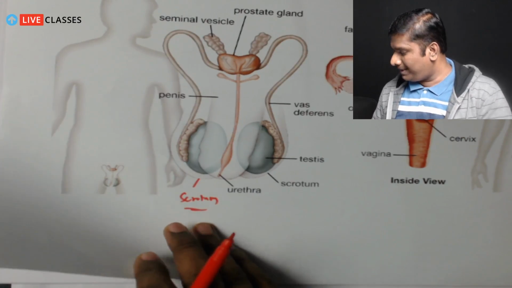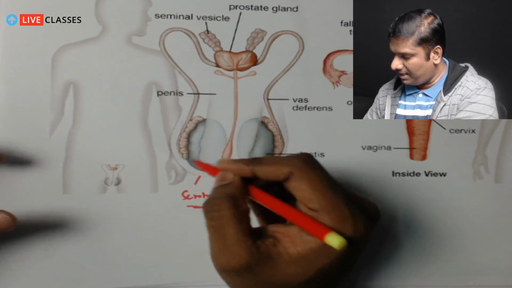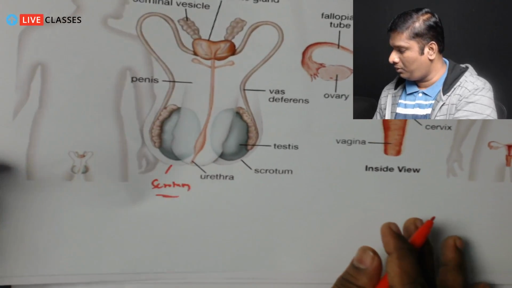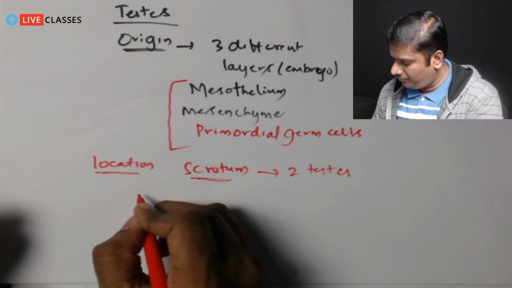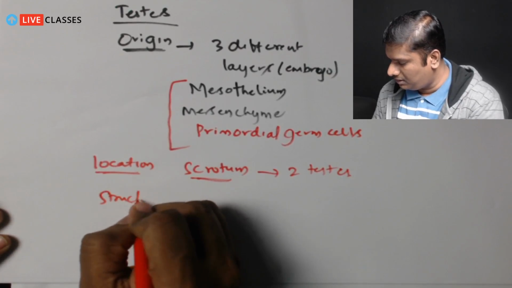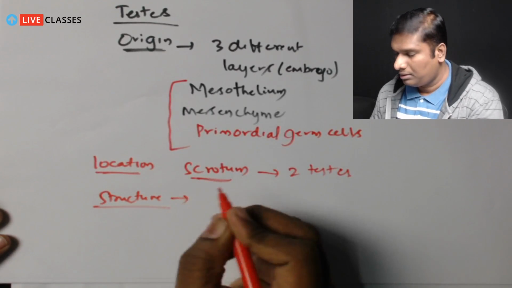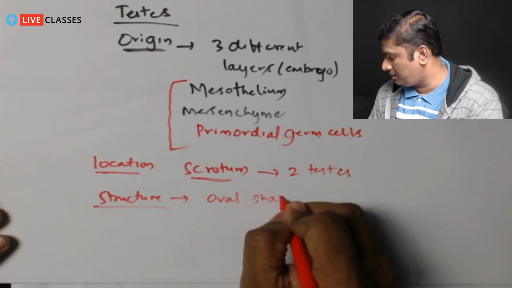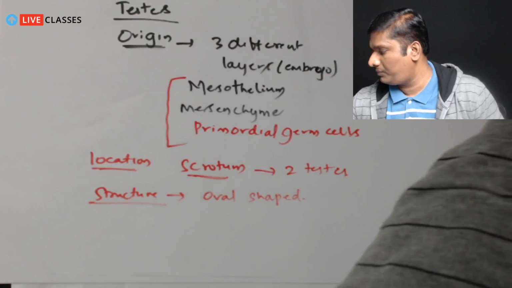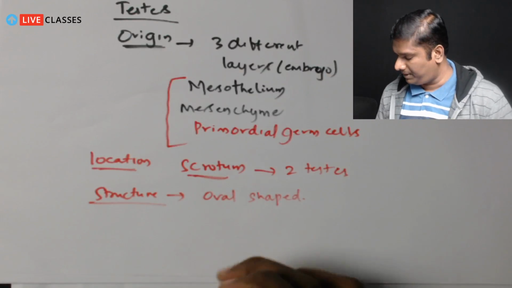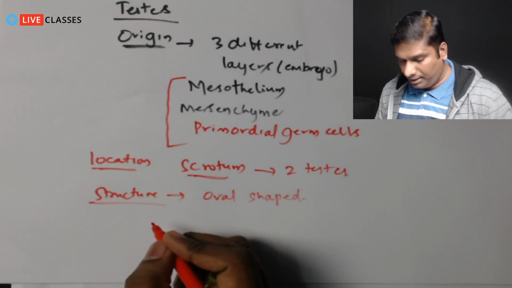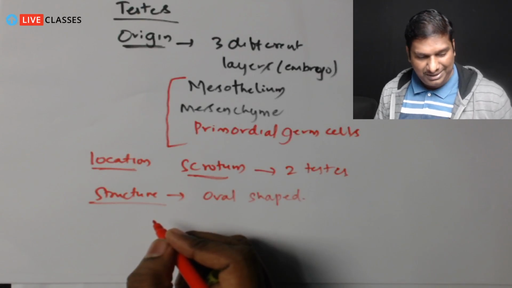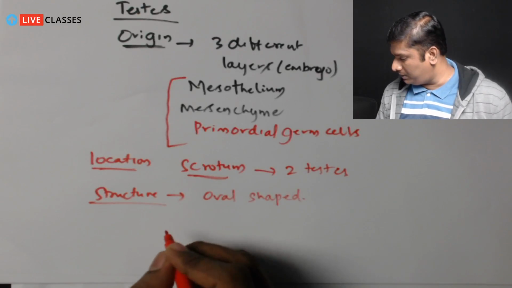Now if you look at the actual structure, the testes are oval shaped. And then we get into the details. They are made up of two things.